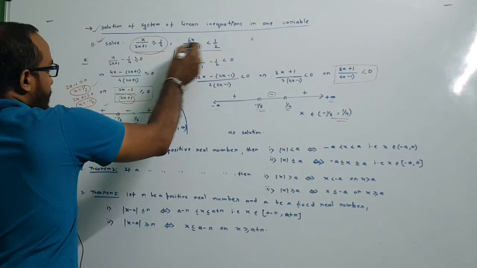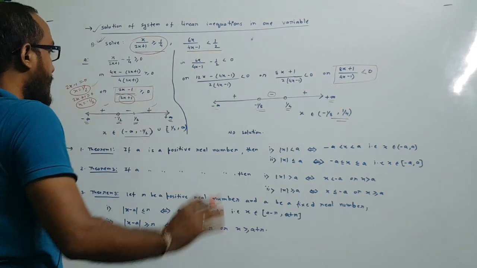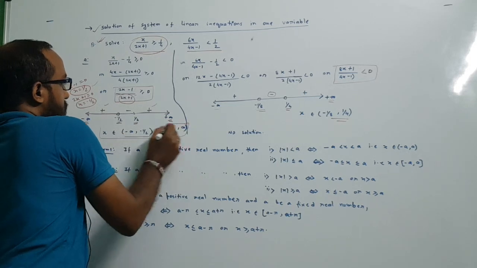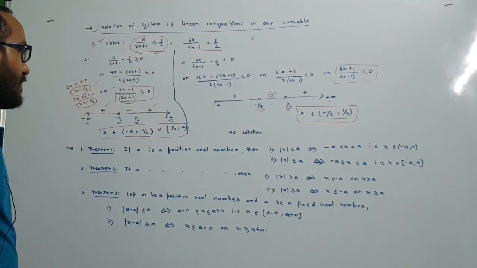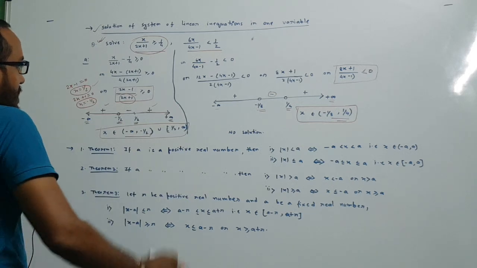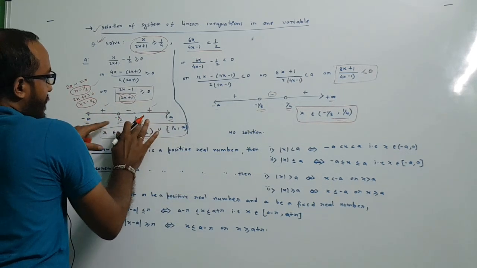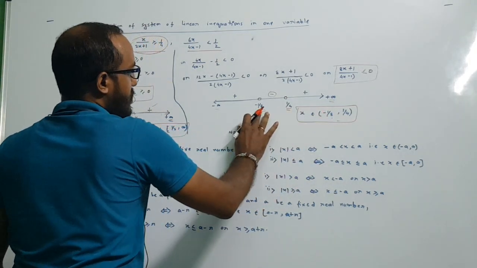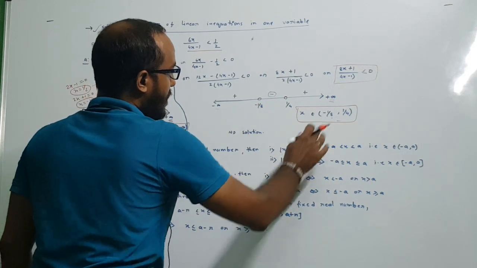Now, to solve this equation, that means to find the common value of x, we have to take the intersection of these two solutions. If you observe, here the solution is between minus infinity to minus half and then plus half to infinity, and here we have the solution between minus 1 by 8 and 1 by 4.